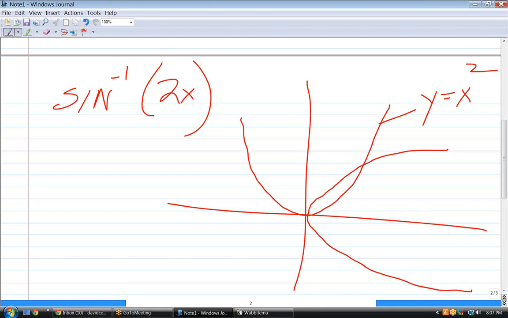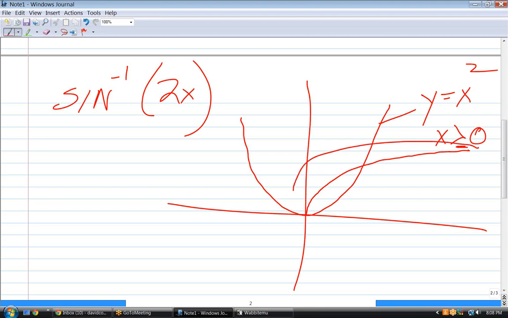It does not pass the vertical line test. So in order to talk about the inverse function, we restrict it to only x's greater than or equal to 0. Now I can talk about an inverse function, because the inverse looks like that. And this does pass the vertical line test, so it's a function.